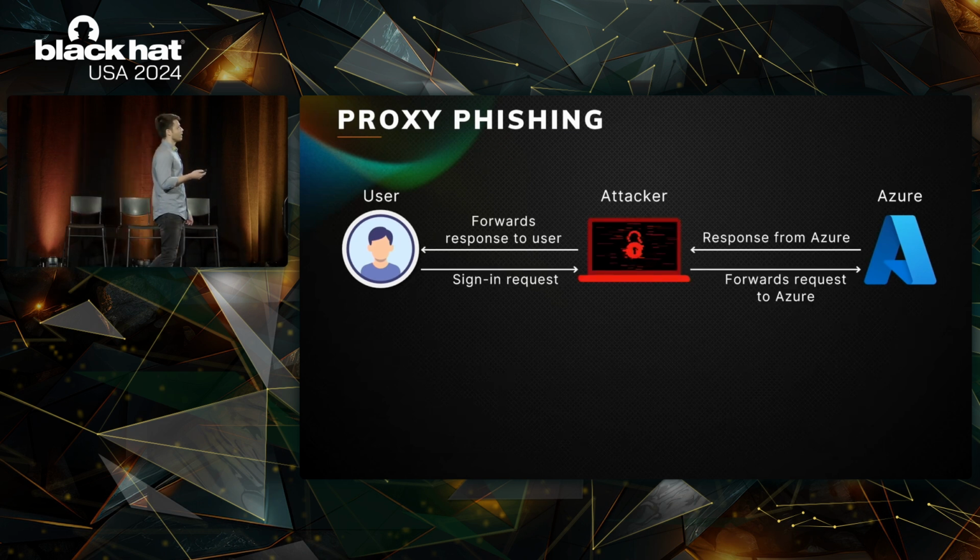But if you are a proxy or an attacker in the middle who set up your own server, you can send phishing links to users and have them sign into your application, which proxies Azure. So they send the requests to Azure, and the responses from Azure are returned to the malicious server and are then sent back to the user.